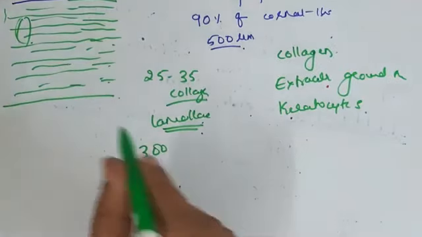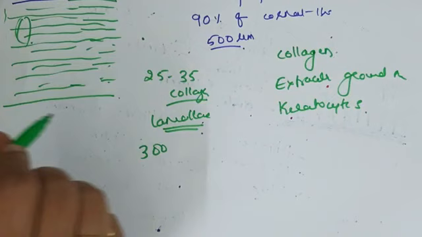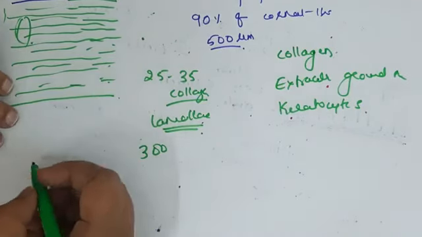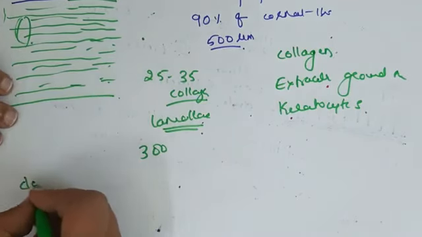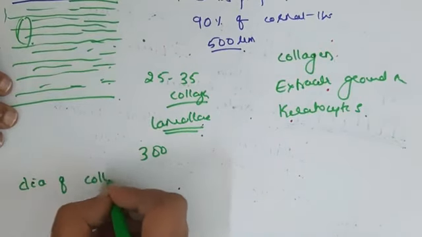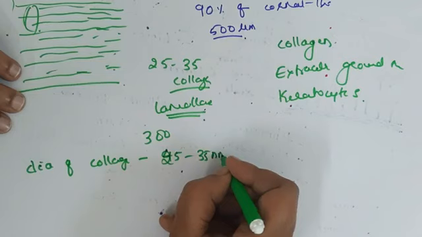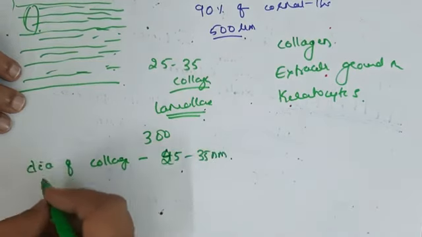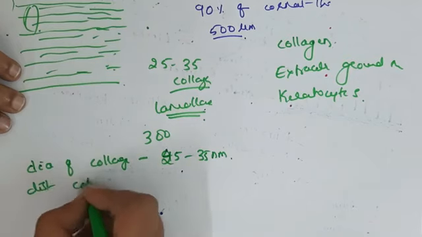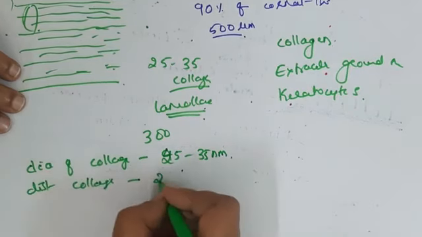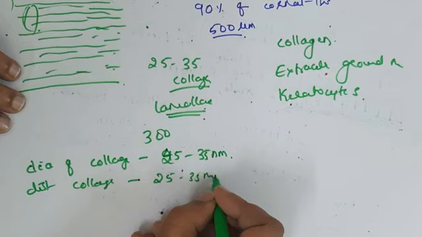So what keeps this cornea transparent is this arrangement of the collagen fibers only. The diameter of each collagen fiber is around 25 to 35 nanometer. And the distance between each collagen fiber is also around 25 to 35 nanometer.